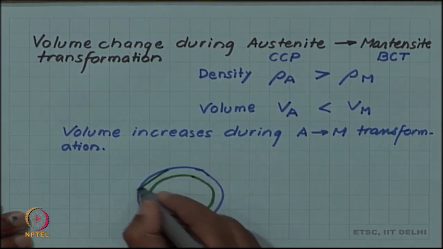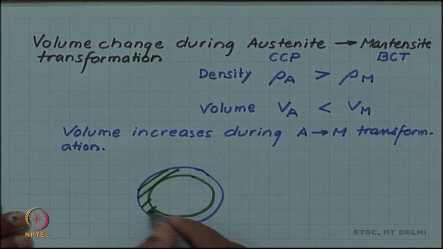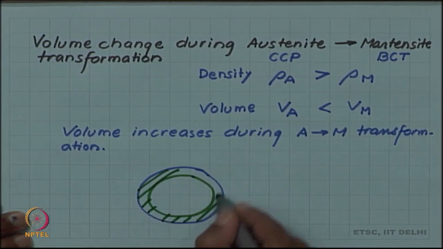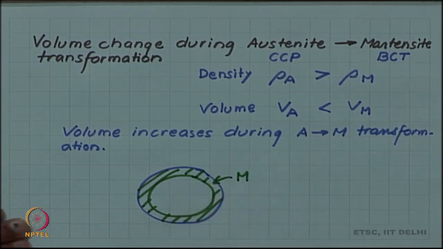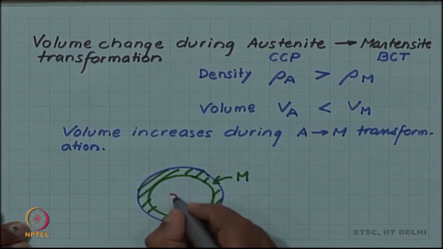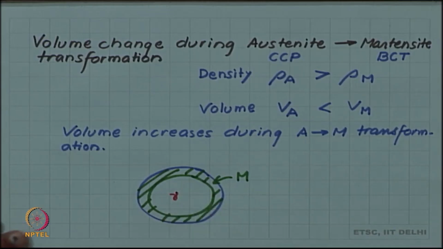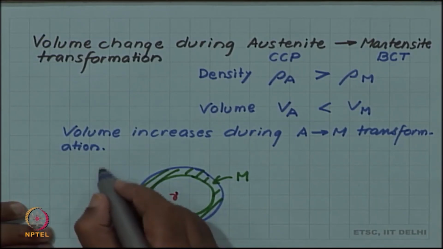So, this has formed martensite, and this involved a volume increase, but the constraint for that increase was much less because it was in the quenching medium.